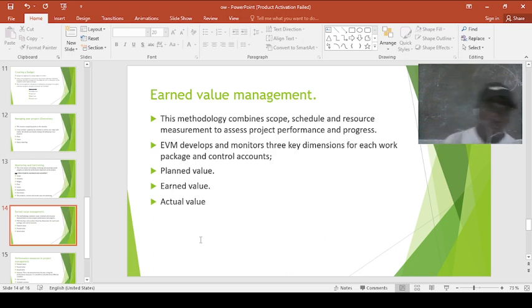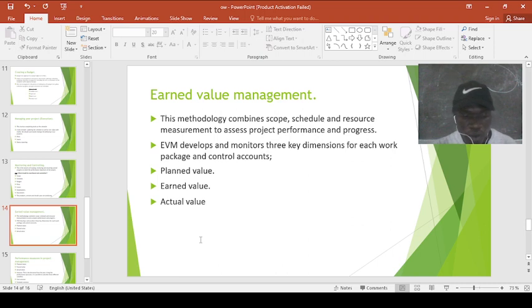A work package, we know it is the lowest level of the work breakdown structure. We have the planned value, the earned value and the actual value. So the earned value is the measure of work performed expressed in terms of the budget authorized to that work.